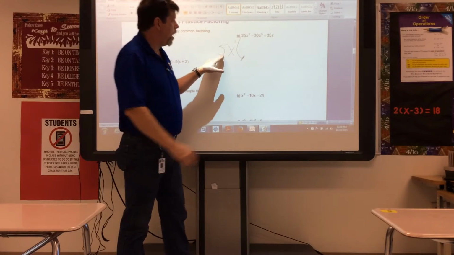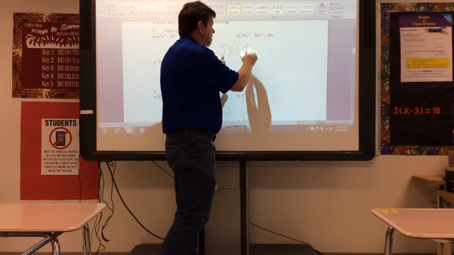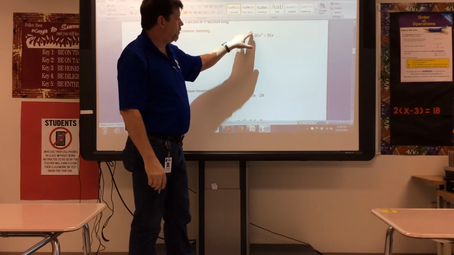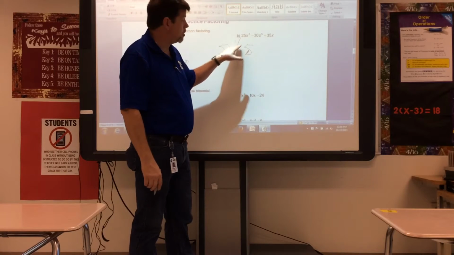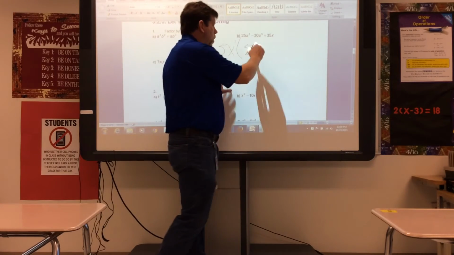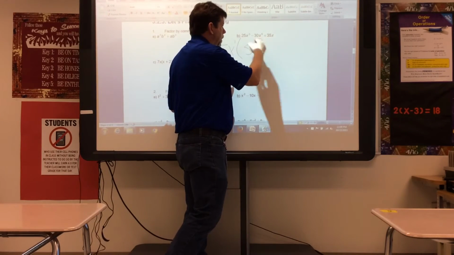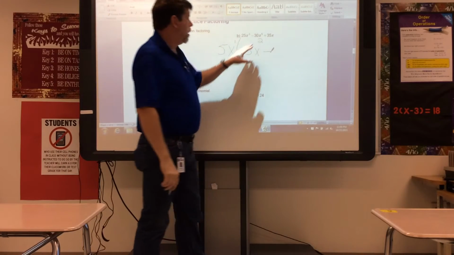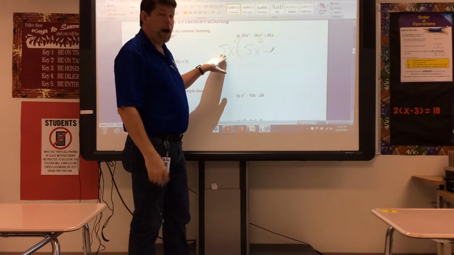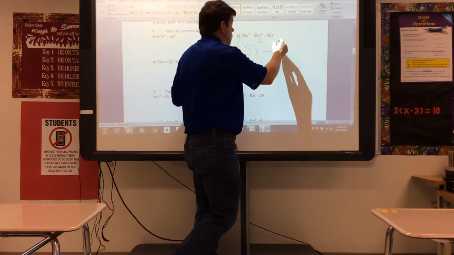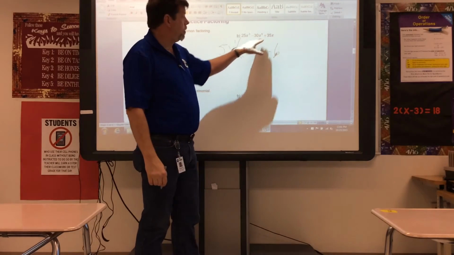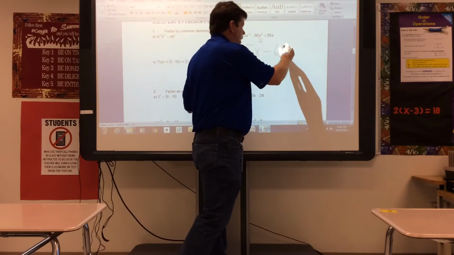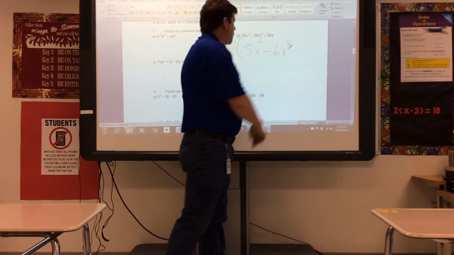25 divided by 5 is 5. X cubed divided by x to the 1. Remember, we subtract the exponents. 3 minus 1 is x squared. Bring your minus down. 30 divided by 5 is 6. X to the fifth divided by x, so that's 5 minus 1, x to the fourth power.